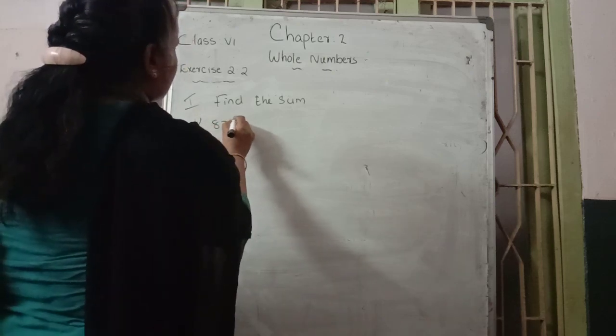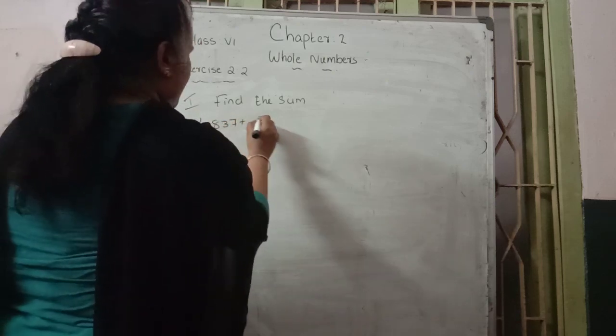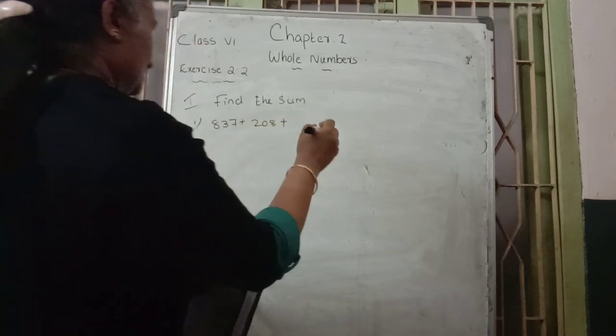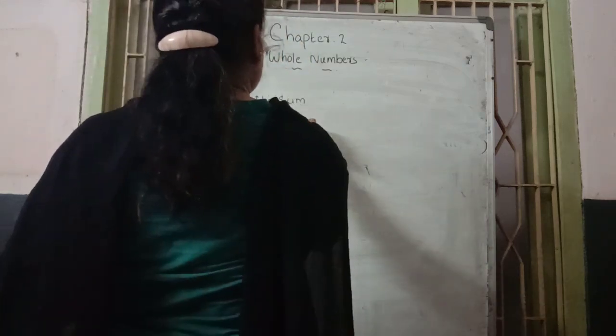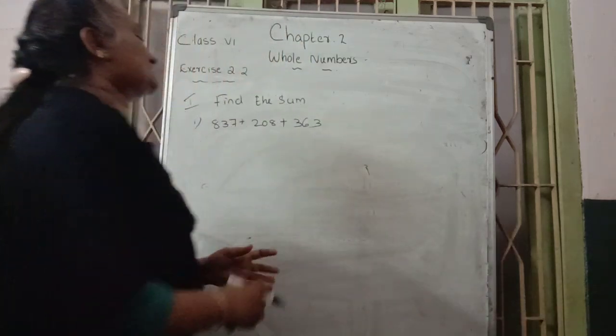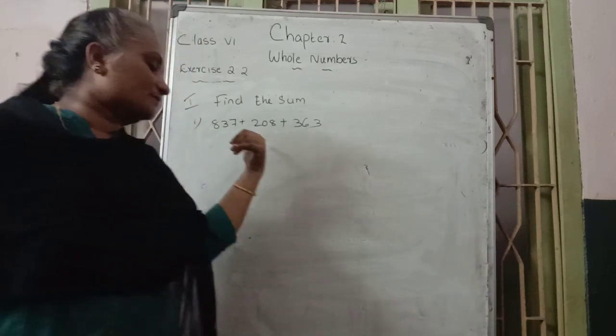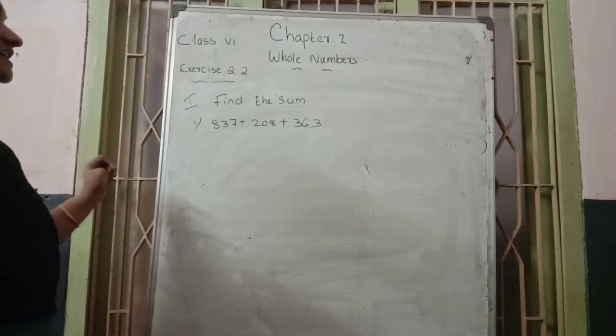Question is 837 plus 208 plus 363. 837 plus 208 plus 363 is the number.